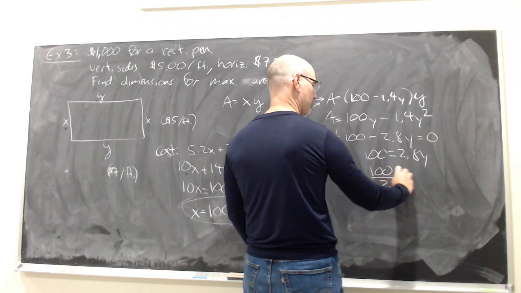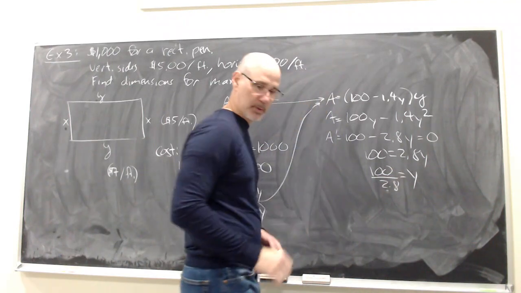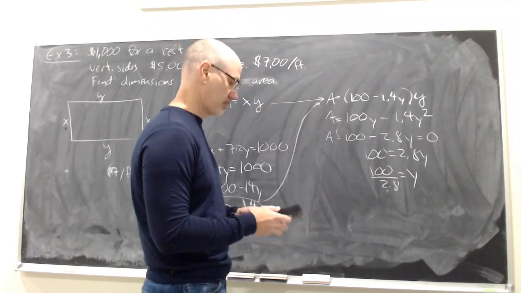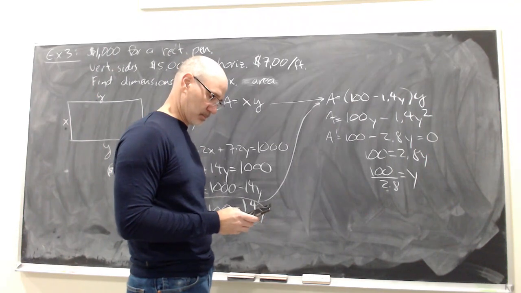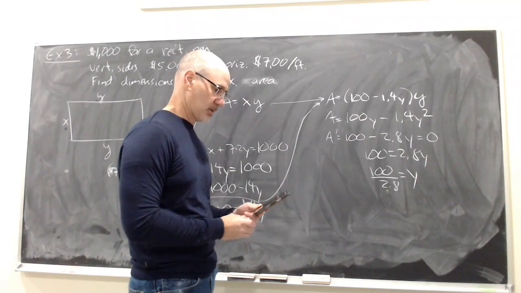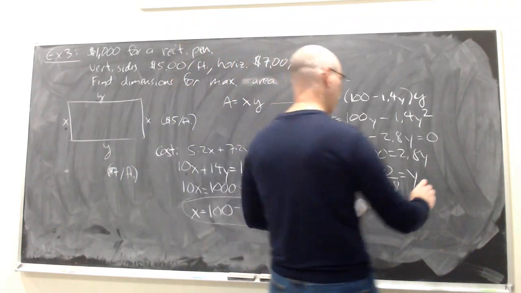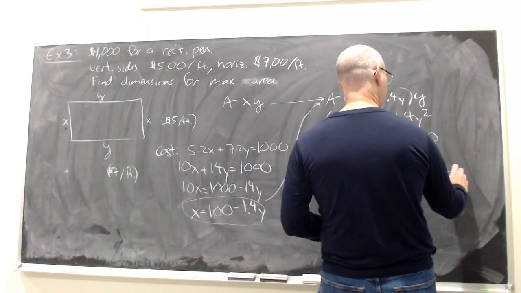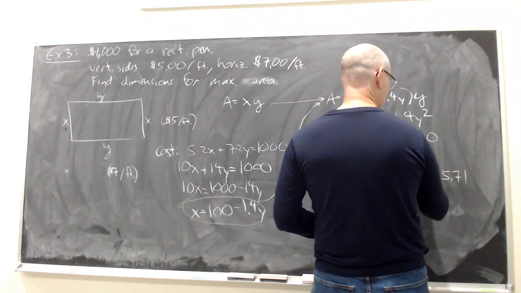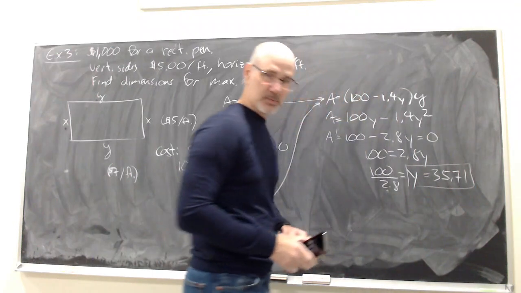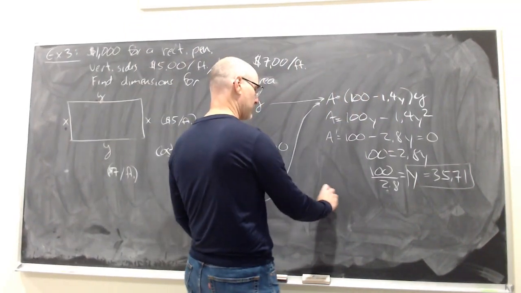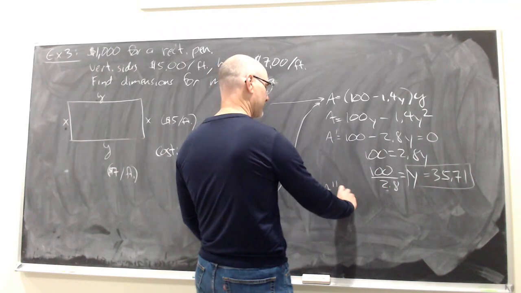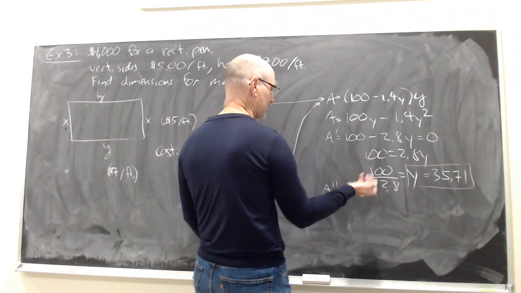And we get y is equal to 100 divided by 2.8. That's 35.71. So that's my only critical point. If I do the second derivative test, the second derivative is negative 2.8. It doesn't matter what y is.